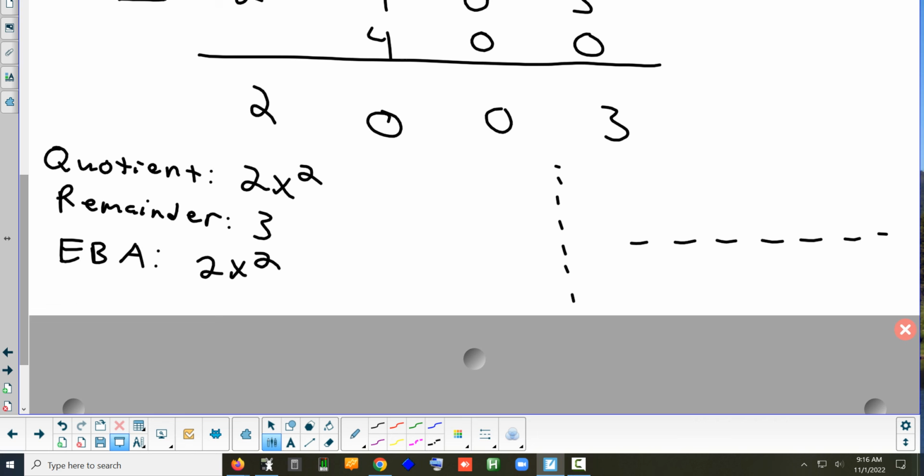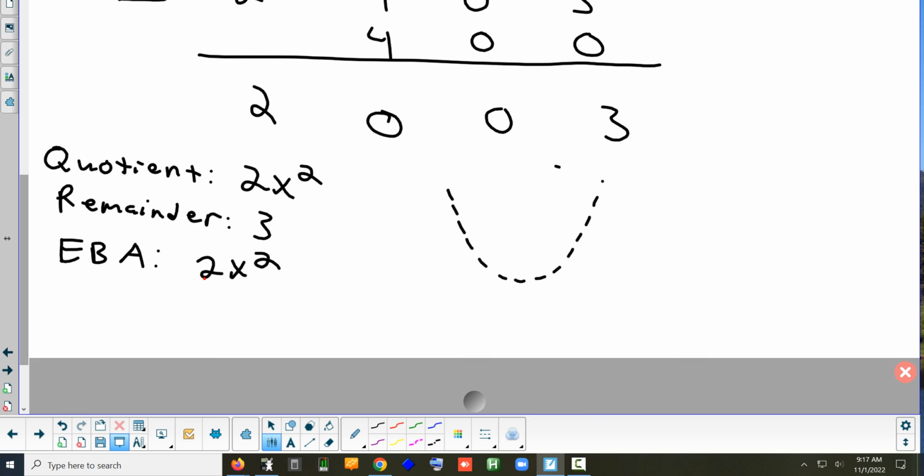This one's different. When you graph something that has a highest exponent of 2, what shape is that? Max? This is a parabola. So what's happening in this problem is there is an asymptote, but the asymptote is a curve. So you have a parabola as an asymptote, and your graph is getting closer and closer to that curve.